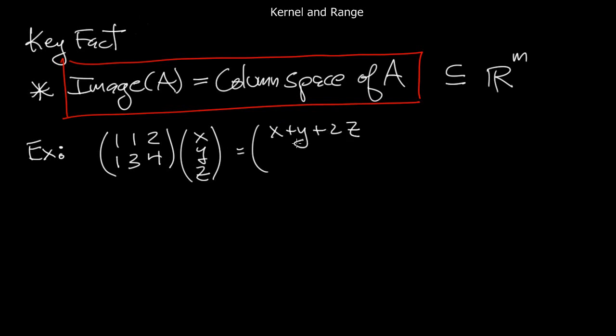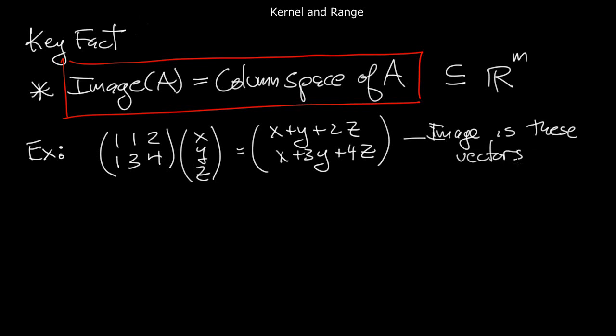You get x plus y plus 2z, x plus 3y plus 4z. So the image of this thing is this collection of vectors in R2. These are vectors with two coordinates. And it's a subspace of R2, but how do I see that? Well, if you think about it, you can write this thing as x times 1, 1.